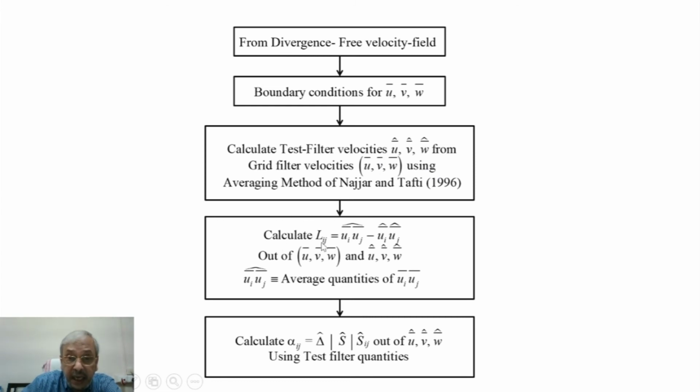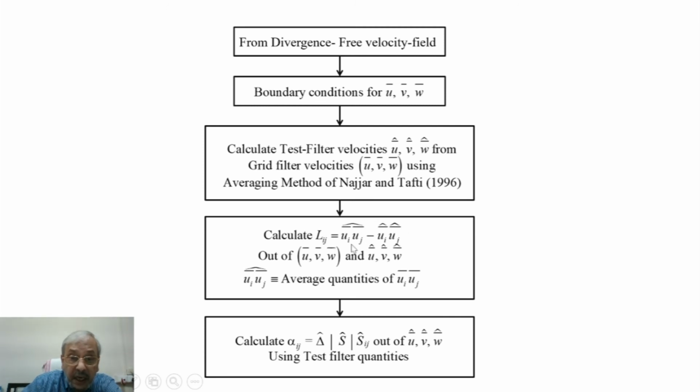Then calculate Lij, which is ui uj averaged over test level minus ui averaged over test level times uj averaged over test level, out of u bar, v bar, w bar, and u, v, w averaged over test level.